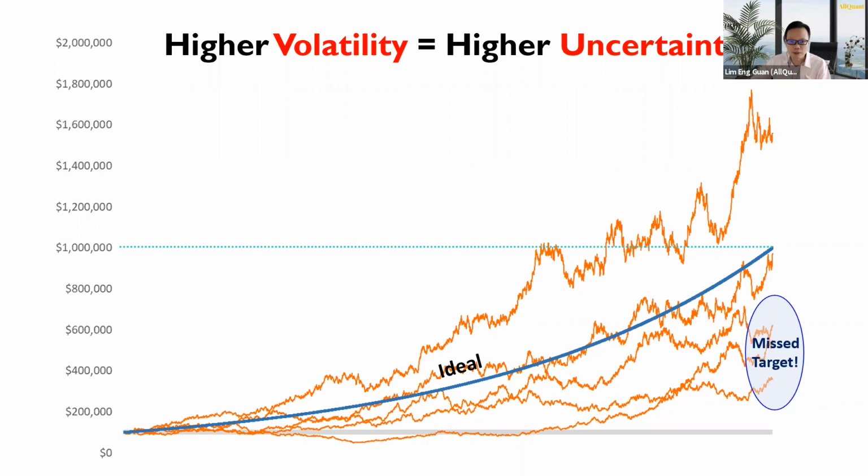As you can see, the range is huge. Of course, on the positive side, you can have scenarios where at the end of the day, you exceed your target. I think that would be good news, and I'm sure no one's going to mind it. But similarly, there's also a good chance you can fall right below your target and miss it by a big amount. This huge variation in the possible outcomes is what we meant by uncertainty.